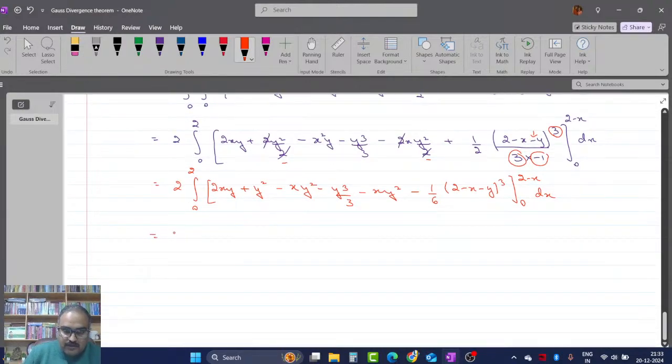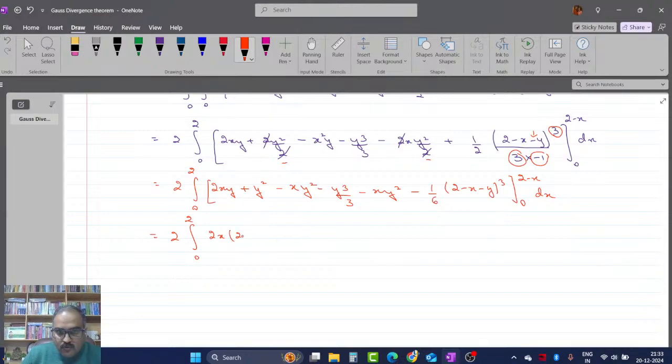Now I need to substitute the limits. So 2x, so now it will be 2y.